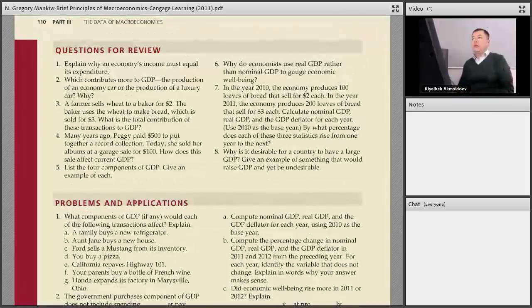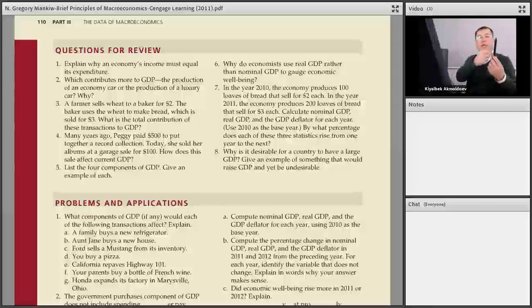Well, because income always must be equal to expenditure, because when I spend money to buy this one, for me it is expenditure, and for the someone who sells this one to me, for him it is income. That's why always in the economy income must be equal to expenditure.